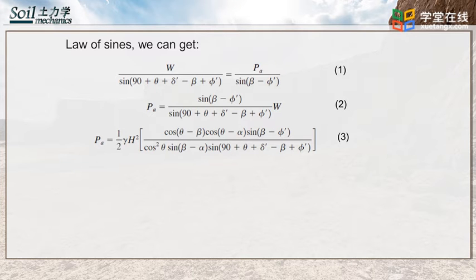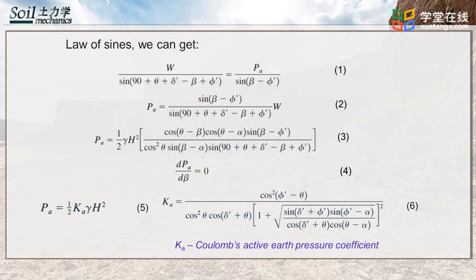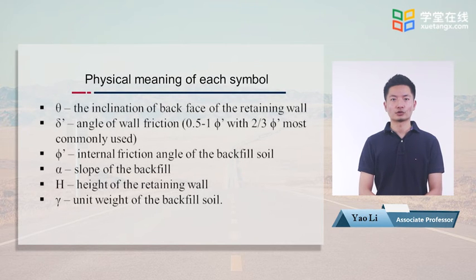To determine the critical value of beta for maximum PA, we can use equation 4, and when the relationship of beta is substituted into equation 3, we can obtain Coulomb's active earth force as equation 5, where Ka is Coulomb's active earth pressure coefficient, given by equation 6. The physical meaning of each symbol used in previous equations is listed for better understanding.